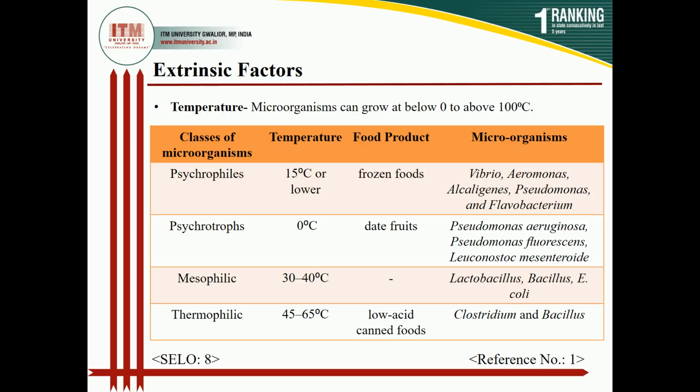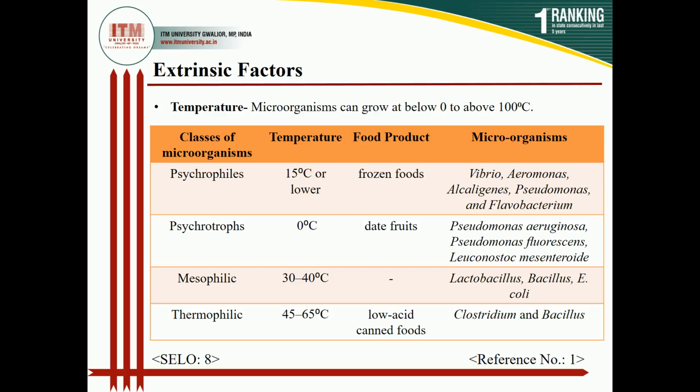Minimum temperature means the temperature at which microorganisms can grow, but the production or yield gained from that particular microorganism is not that much. Optimum temperature, or optimum pH, means that the microorganisms can grow and will give sufficient output. It means sufficient production of any substance or any enzymes.